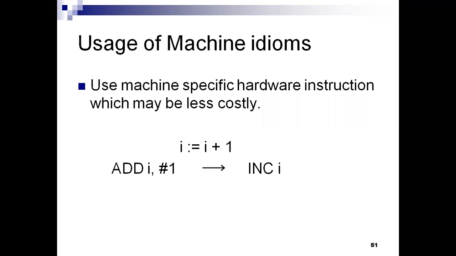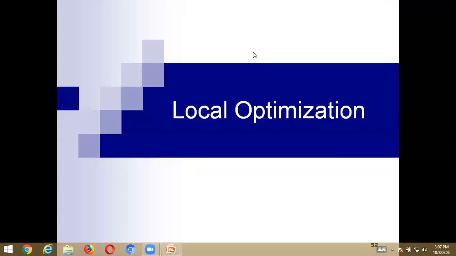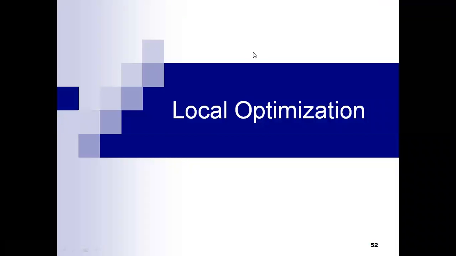And this is about machine idioms, by using which we can use machine specific hardware instructions which may be less costly. And this is up to the peephole optimization. In peephole optimization I explained four transformations. One is redundant instruction elimination, the second is flow of control optimization, the third one is algebraic simplification, or it can also be called algebraic identities, and the fourth one is use of machine idioms.